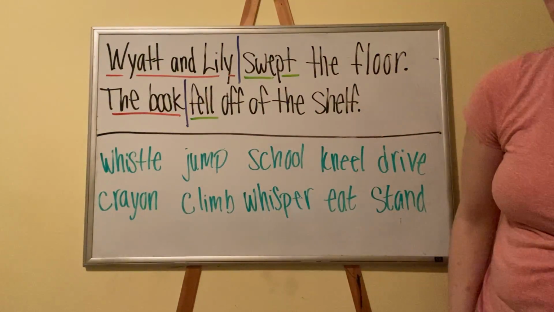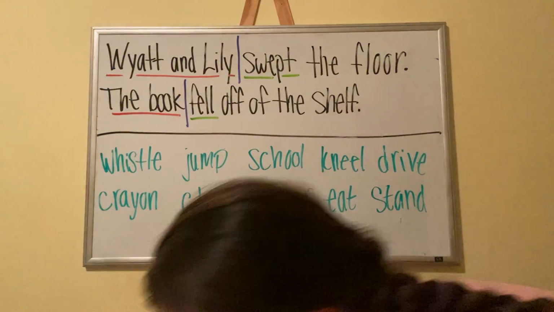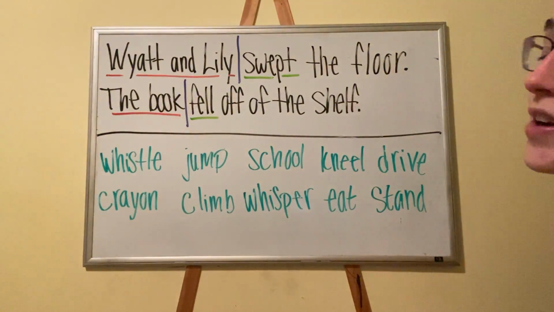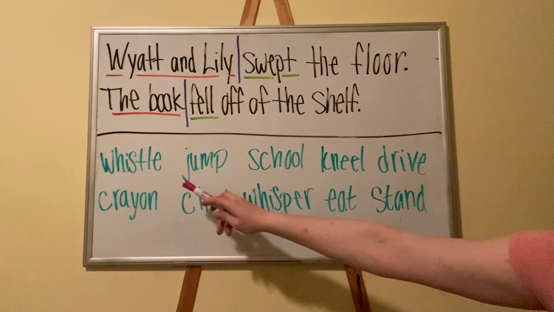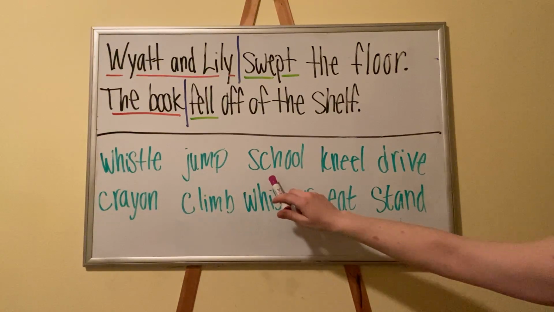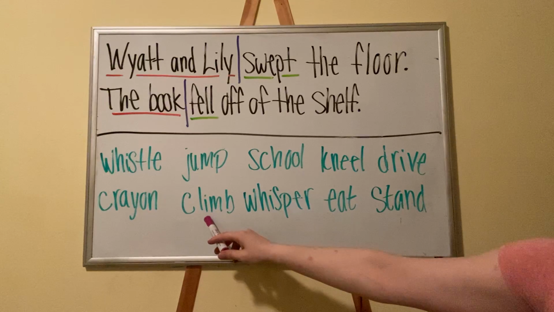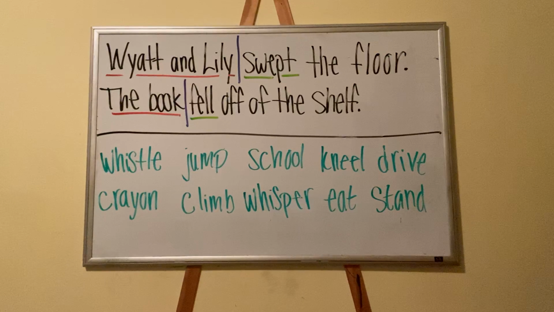So I'm going to give you a second to go through, and I want you to say out loud, even if you're just going to whisper, which of these words you think are verbs. We have whistle, jump, school, kneel, drive, crayon, climb, whisper, eat, stand. Which of those words are verbs?